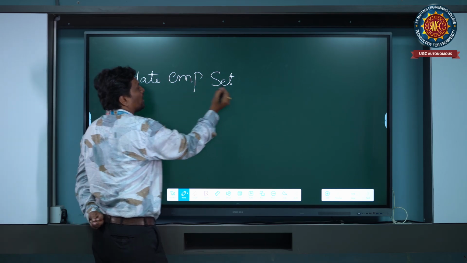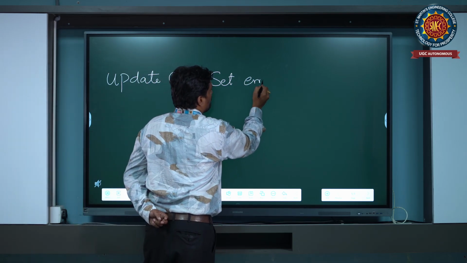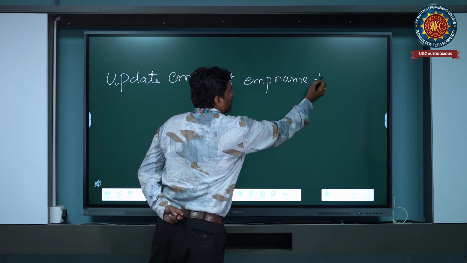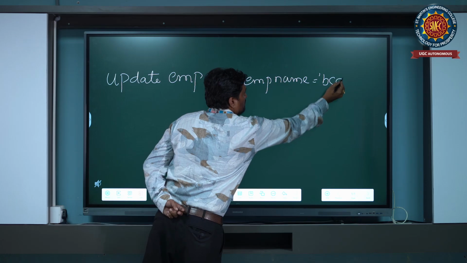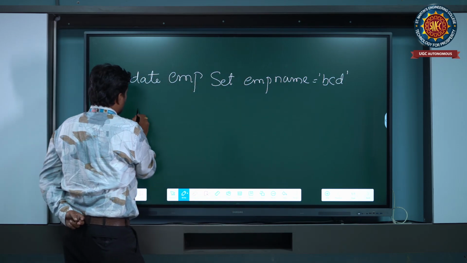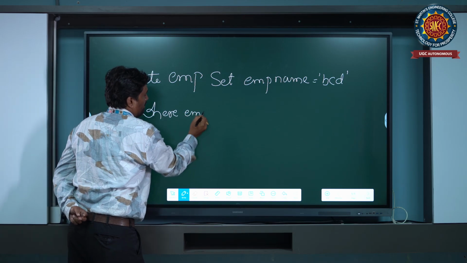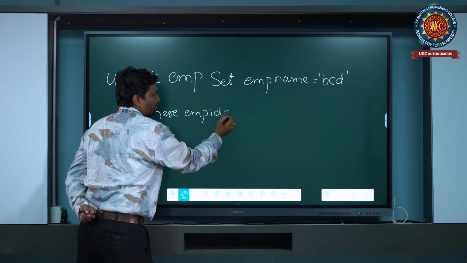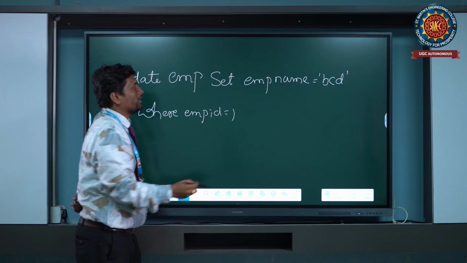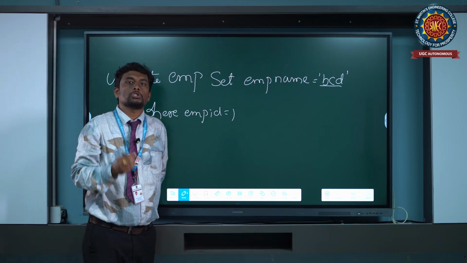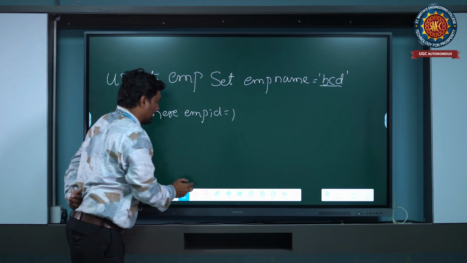UPDATE employee SET the column name EMP name equals ABCD, WHERE condition EMP ID 1. This means whatever value we had as XYZ, instead ABCD is stored. The next one is delete.